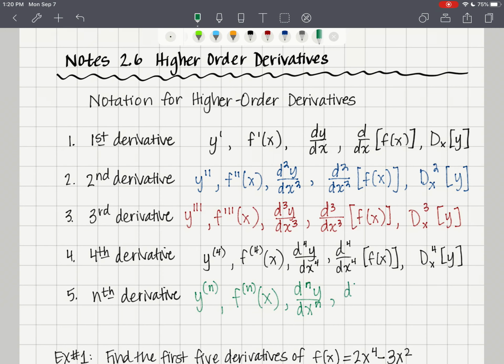And then we would have dn over dxn of an expression, f of x, and then d sub x, and then that would be an n up there with a y. So that's our nth derivative.